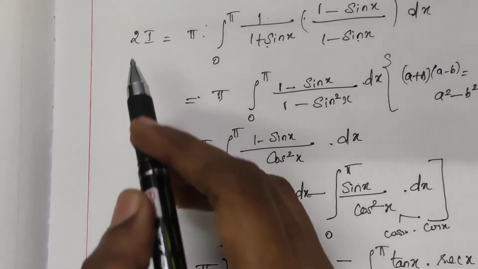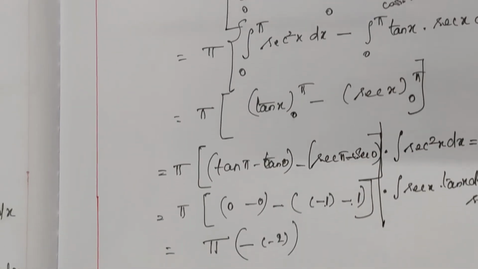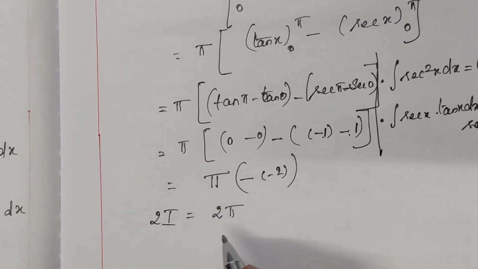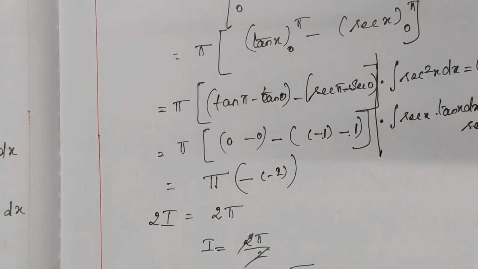On the left-hand side our term is 2I. So 2I is equal to 2 pi. Therefore I is equal to 2 pi by 2, we get pi.